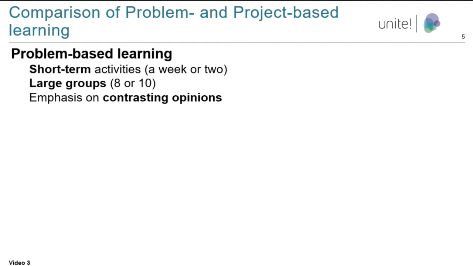Then they seek the information and finally recommend a final assessment. The emphasis is in contrasting opinions, different hypotheses, discussing possibilities, getting information, and eventually reaching a conclusion about the problem.